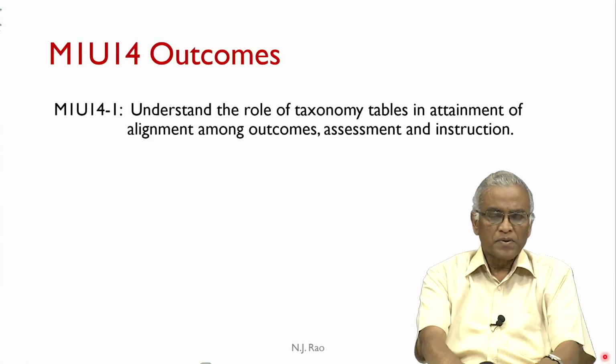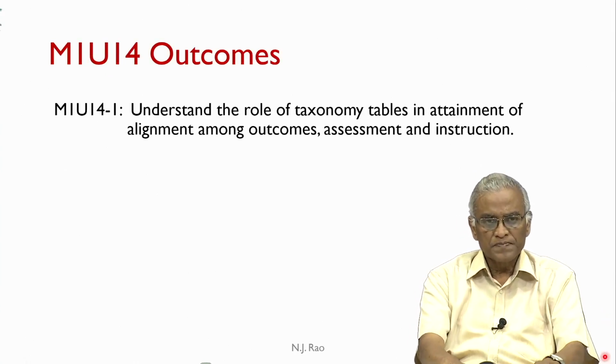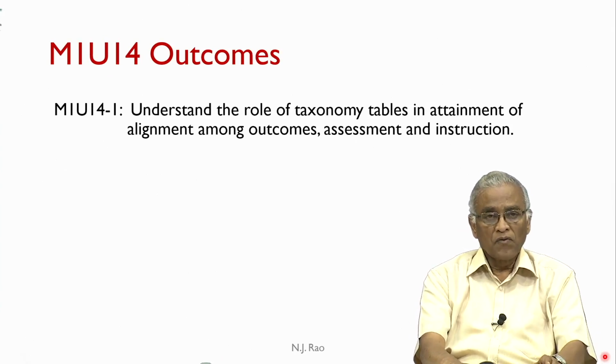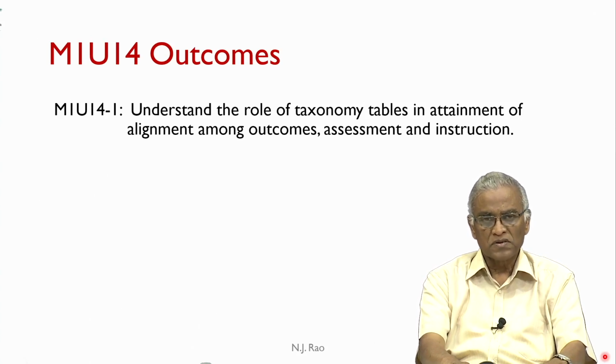And now, in the present unit related to the taxonomy table, we try to understand the role of taxonomy tables in attainment of alignment among outcomes, assessment and instruction. As we always noted, there are three elements in any teaching learning process.